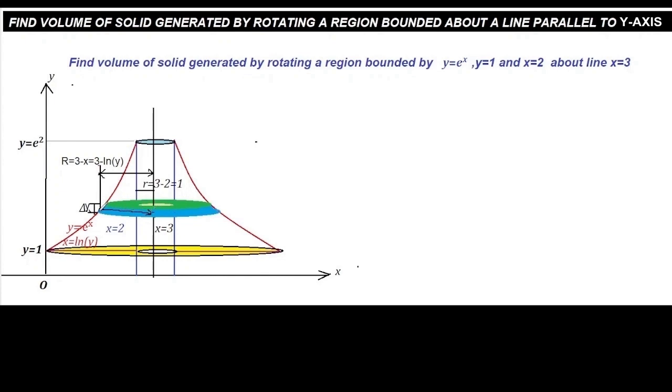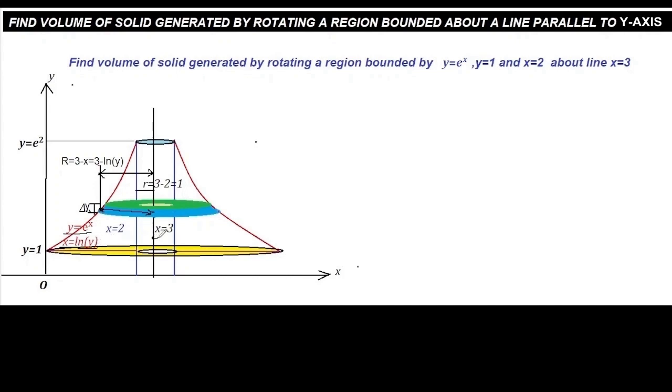As this is parallel to the x-axis, the distance between this point and x equal to 3 will be the difference of the x between the line and the point. As this point lies on the curve y equal to e to the power x, from the curve we get x equal to ln y.